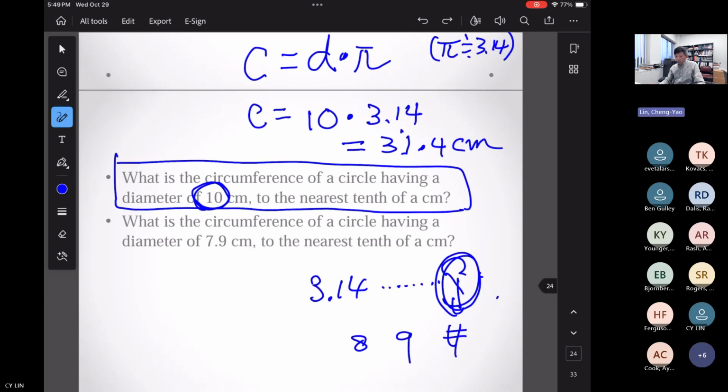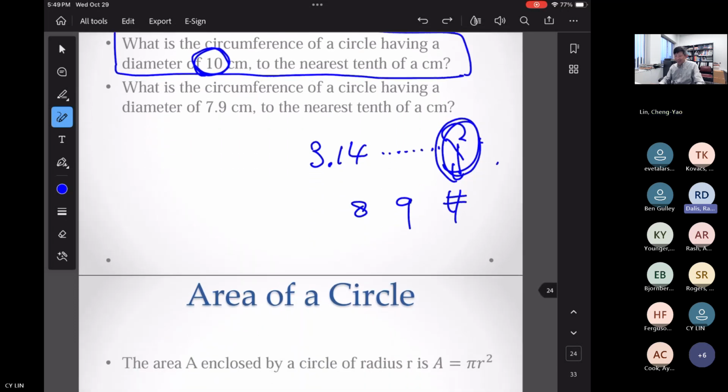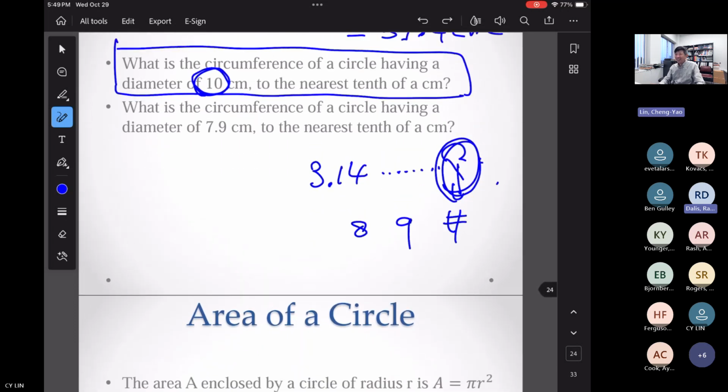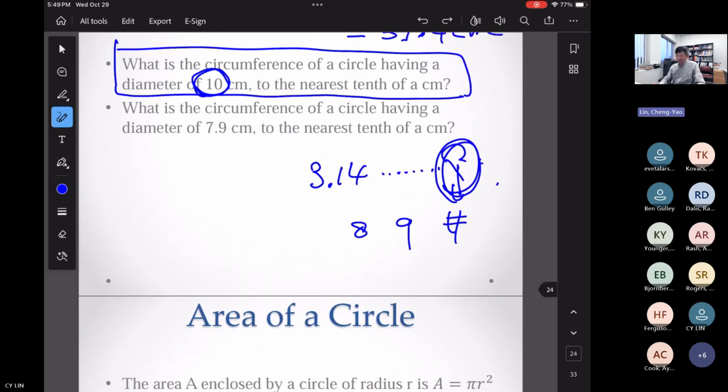To our best knowledge right now, nobody knows what the last digit is, right? So people are still searching for the last digit. But if you find out the last digit, please let me know. You'll be very famous. But you want to pass this knowledge on to your children, because maybe your children will be the next person to find the last digit.